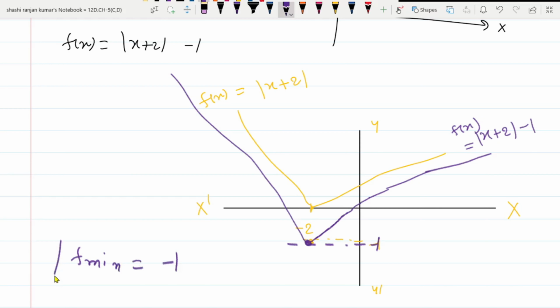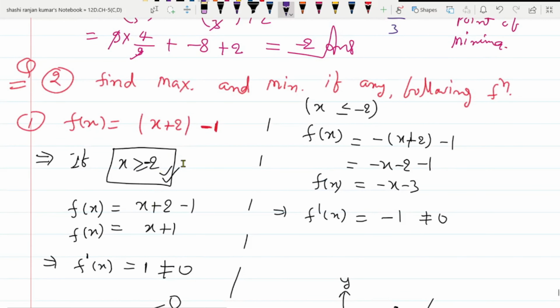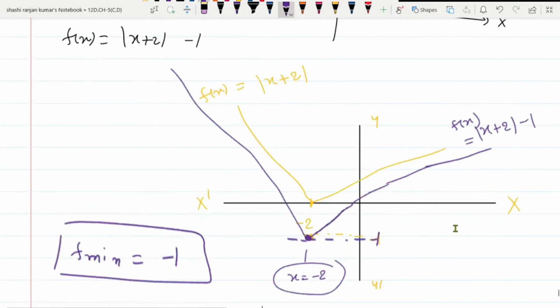Now you can see here, a sharp corner is forming. That's why, if we solve, this is the point x is equal to -2. If you take x less than or equal to -2, the differentiation part is -1, meaning the slope of this line is -1.